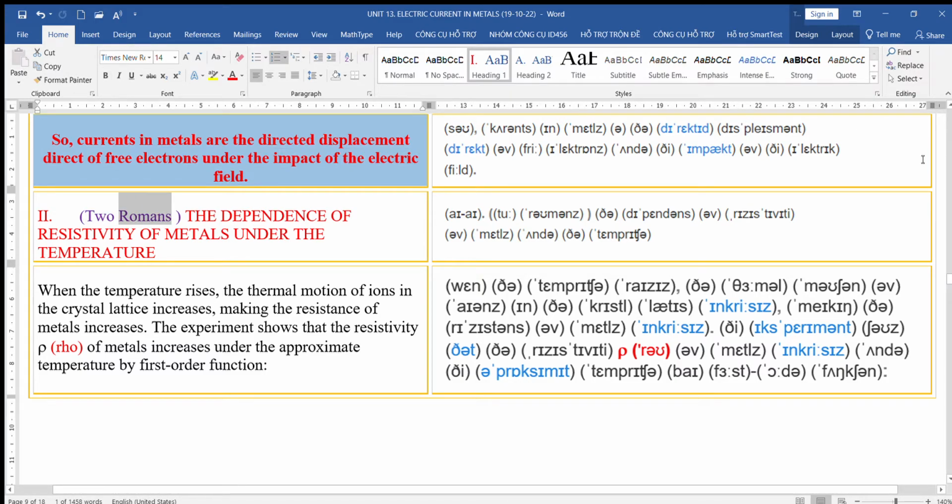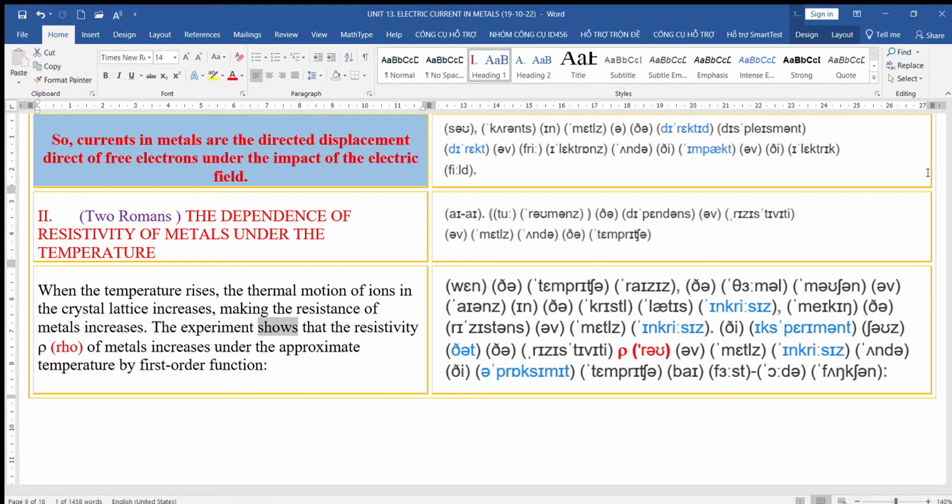2. The dependence of resistivity of metals on temperature. When the temperature rises, the thermal motion of ions in the crystal lattice increases, making the resistance of metals increase.